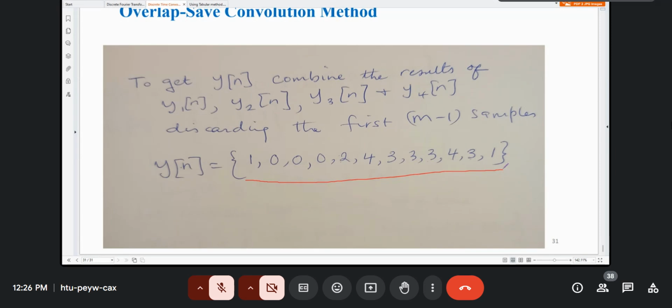Instead of using a higher value DFT, you are dividing it into smaller DFTs and then summing them up. And we are going to show that when you do that, especially for complex samples, there's a lot of saving in the number of calculations you do.